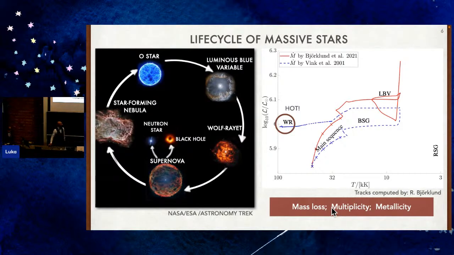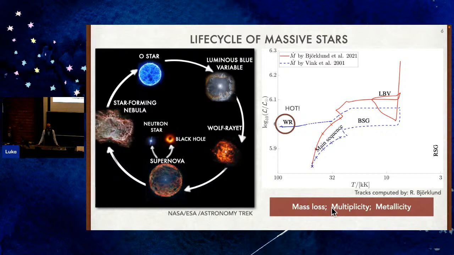Similarly, the presence of companion stars or even the amount of metals present in the gas can largely affect the evolutionary pathway of stars.